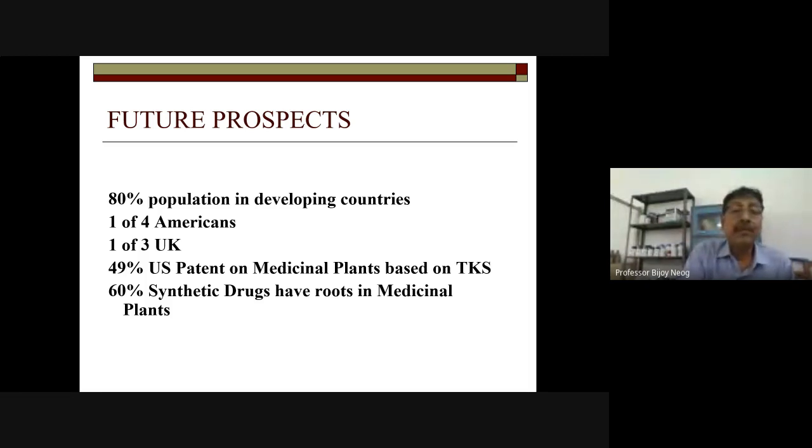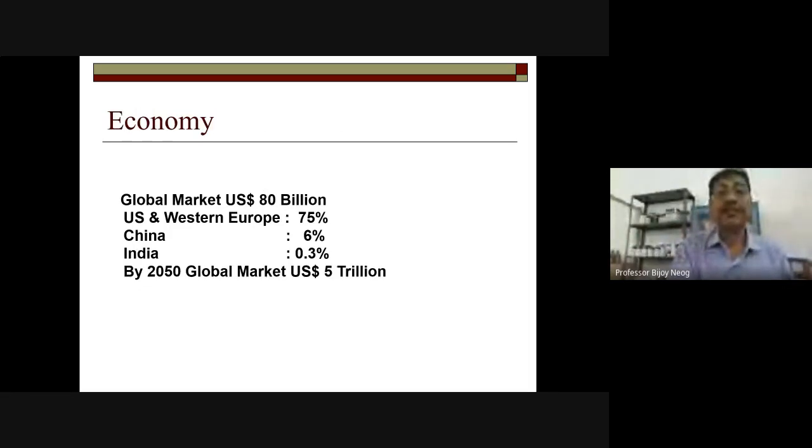Similarly, around 50% of US patents on medicinal plants are based on traditional knowledge systems. We are much behind compared to China, which has 6% of the total global market of 80 billion US dollars, and India shares only 0.3% of the total products.